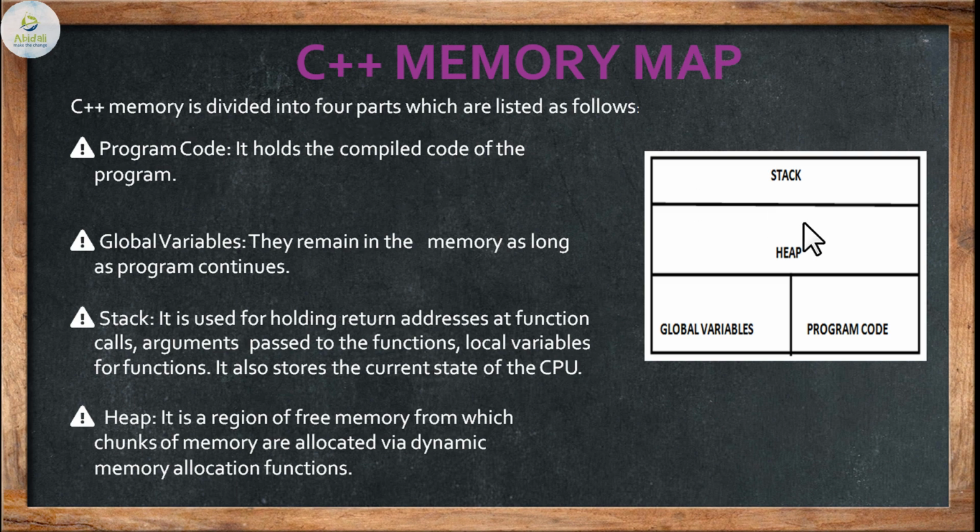The first is called the program code. The program code holds the compiled code. Once the program is compiled and it is free from errors, the compiled code is stored in an area called the program code area, that is this area.